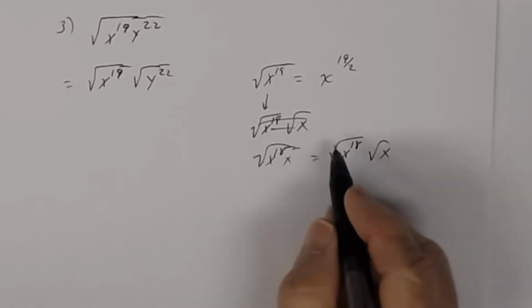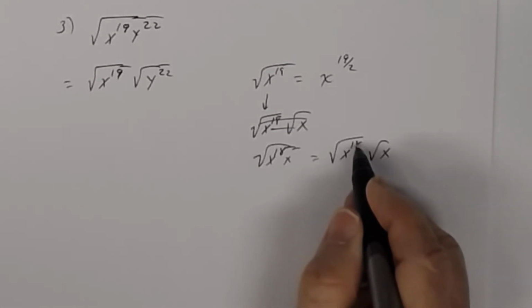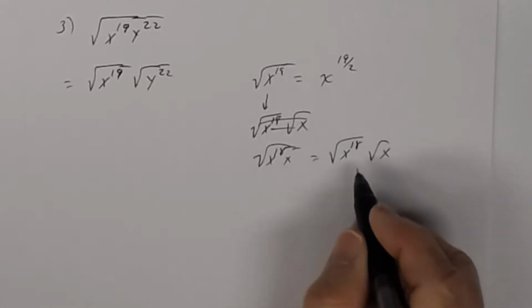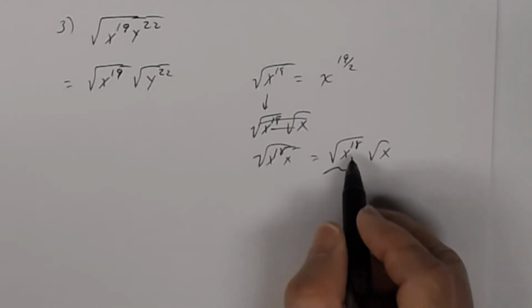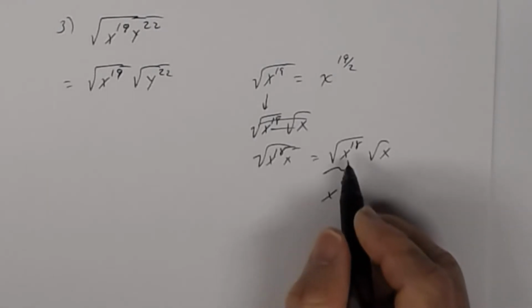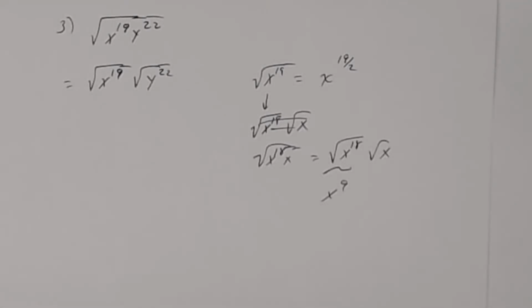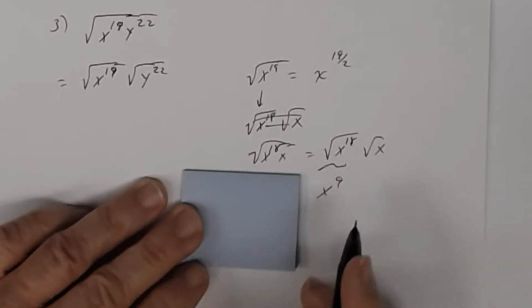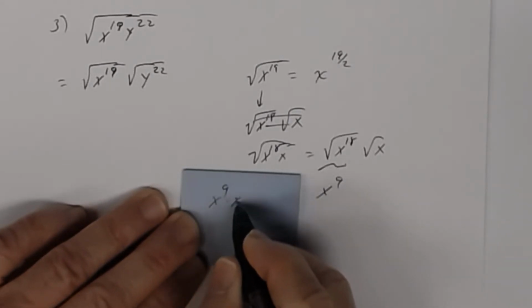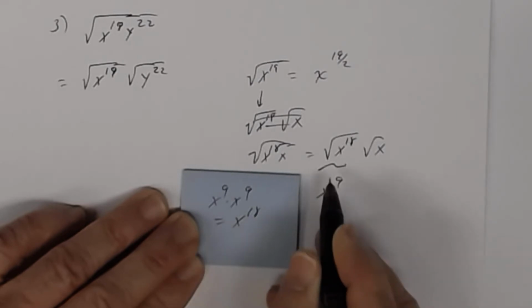Okay, now let's simplify this. I can simplify this because 18 is greater than or equal to 2. So the square root of x to the 18th is x to the 9th, right? 18 divided by 2 is 9, and always check yourself. x to the 9th times x to the 9th is x to the 18th, which is what you wanted.